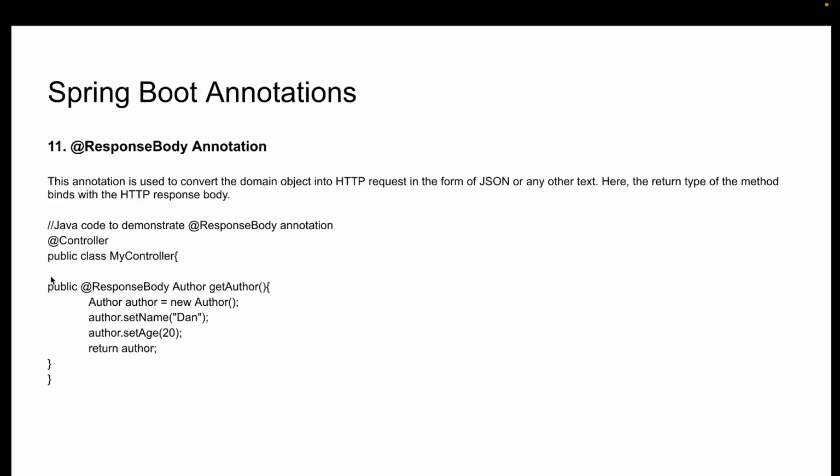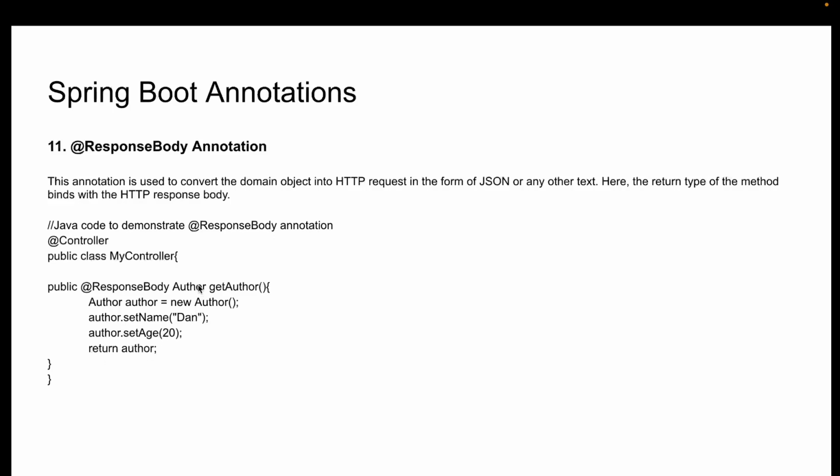And see this method. In this method we have the return type like public @ResponseBody Author getAuthor. And what we are trying to do is create an object of the Author, set the name, set the age of the author, and then return this author.